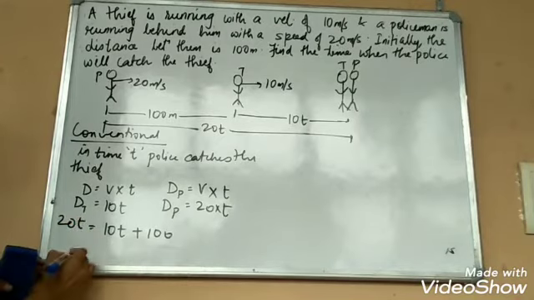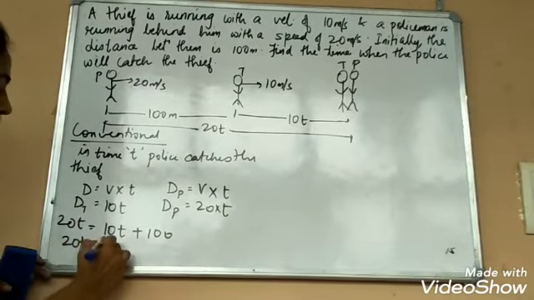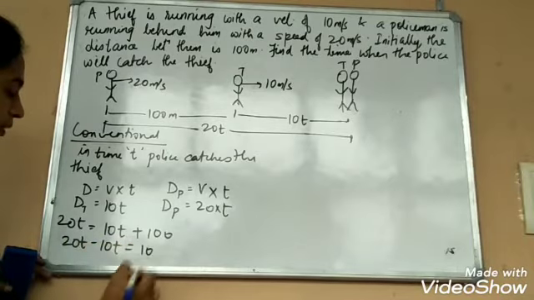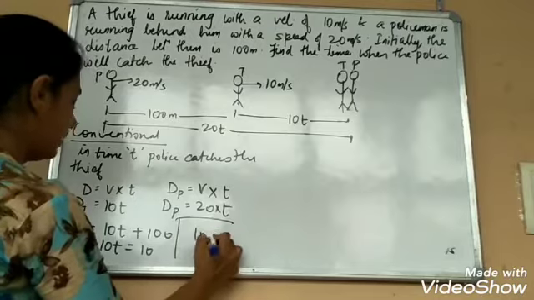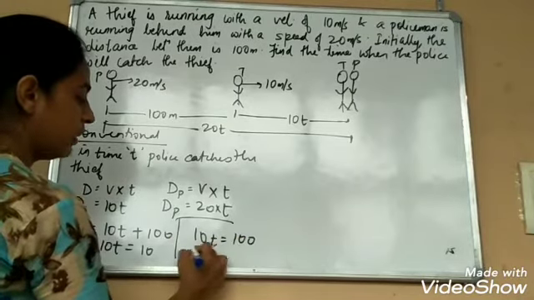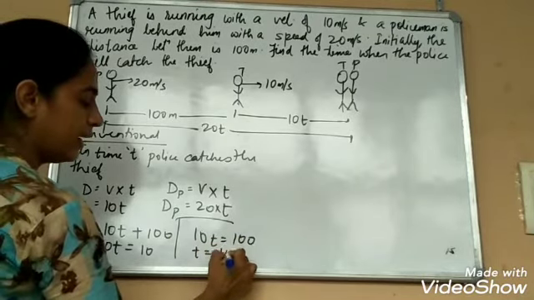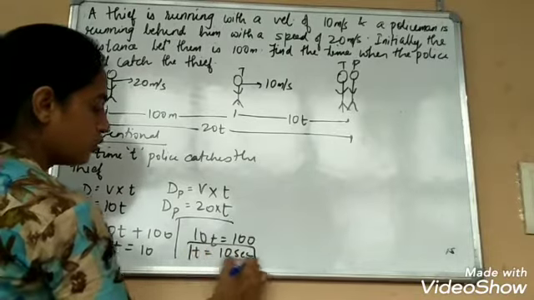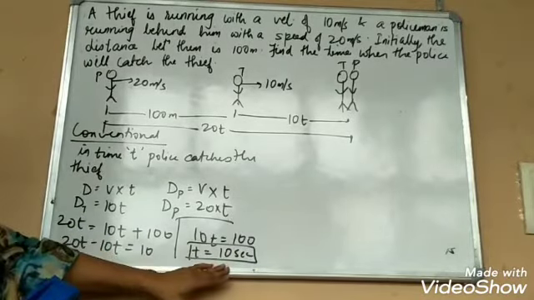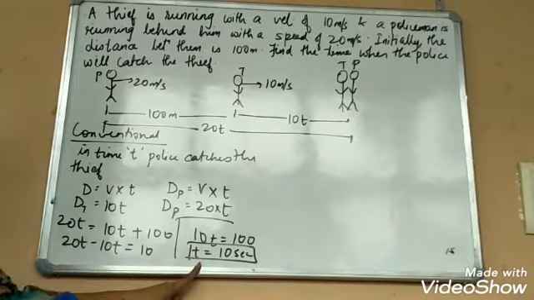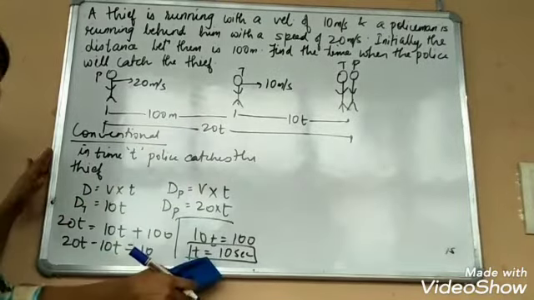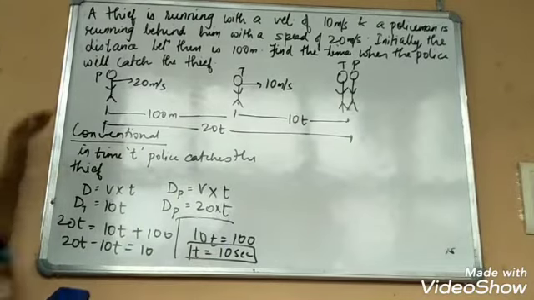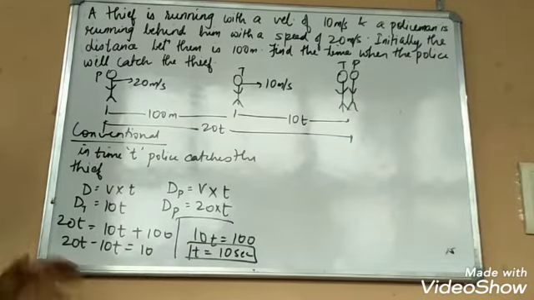So we can write 20t minus 10t is equal to 100, or 10t is equal to 100, or t is equal to 100 by 10, that is 10 seconds. So in how much time does the policeman catch the thief? In 10 seconds. When the policeman runs with this speed, he is able to catch the thief in 10 seconds. This is the conventional method to solve this problem.